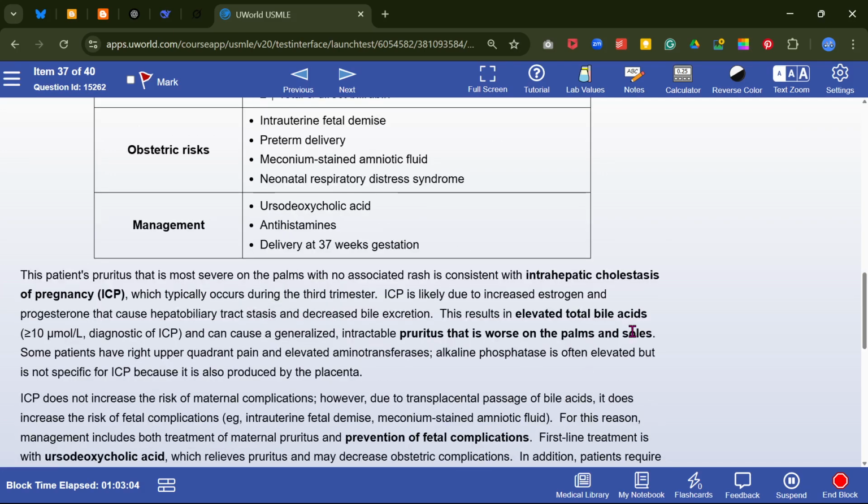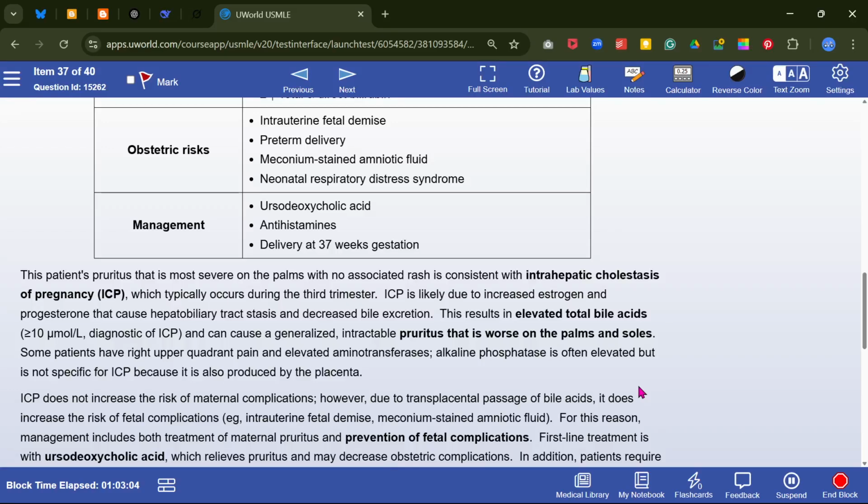Okay, this patient's pruritus is most severe in the palms and is associated with rash, and is consistent with intrahepatic cholestasis of the pregnancy, which typically occurs during the third trimester.